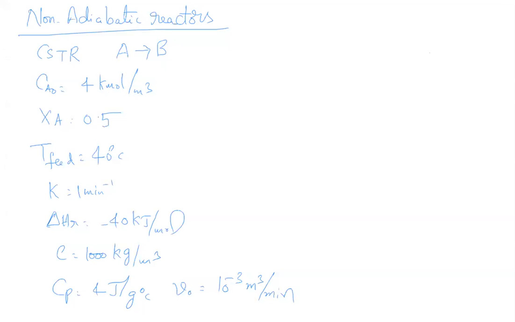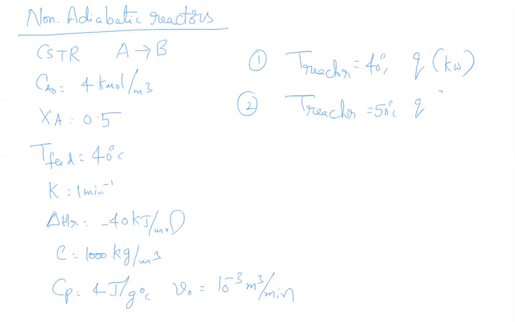The first question is: if the temperature of the reactor is 40 degrees, then what is Q in kilowatts? The second question is: if the temperature of the reactor is 50 degrees, what is Q in kilowatts?